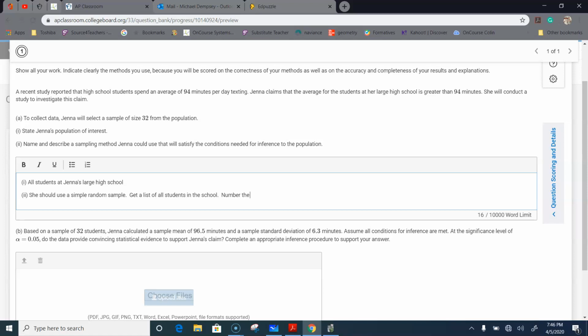Number the students, that doesn't say how many students they have, 1 through n.